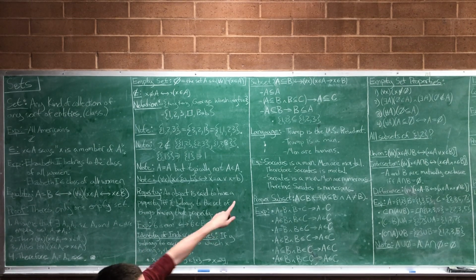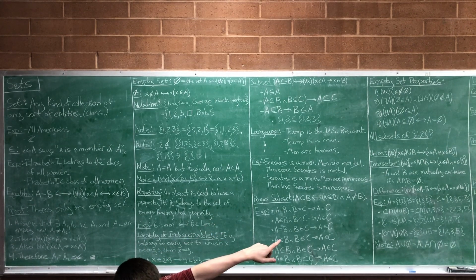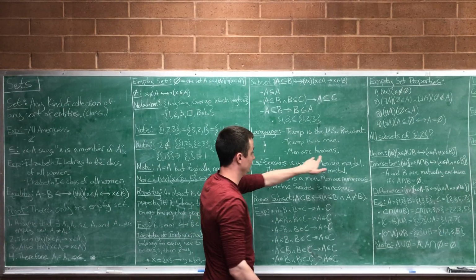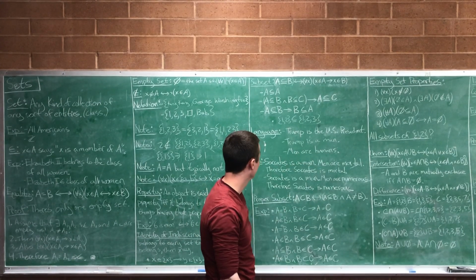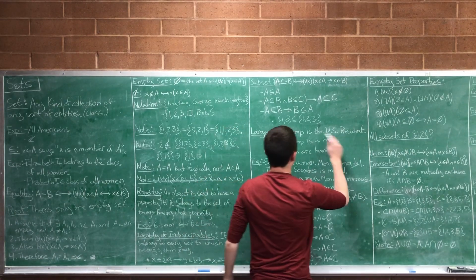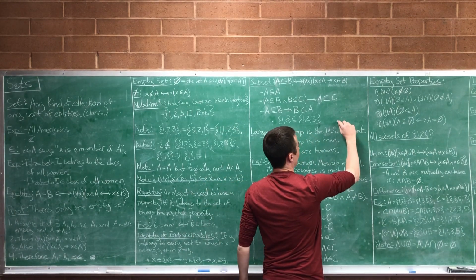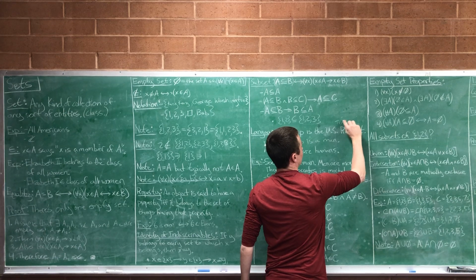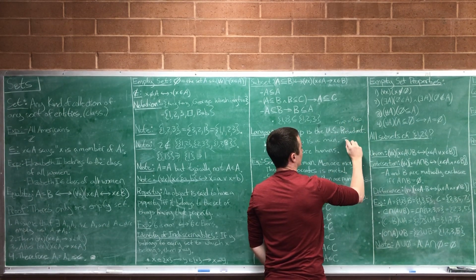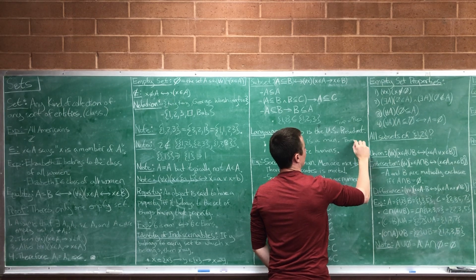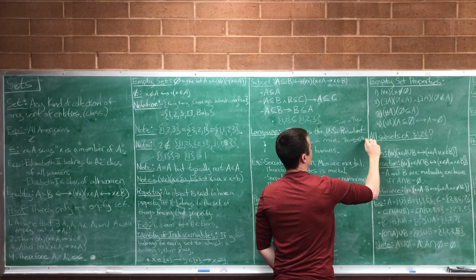Everything that's a man is also a human. Everything in this set is in this set. Therefore, this set is a subset of this set. Maybe we should decide what these are. This is Trump equals president. This is Trump is in men.